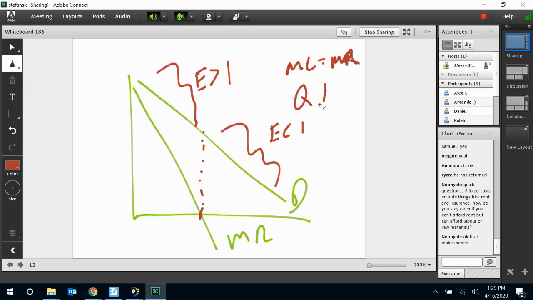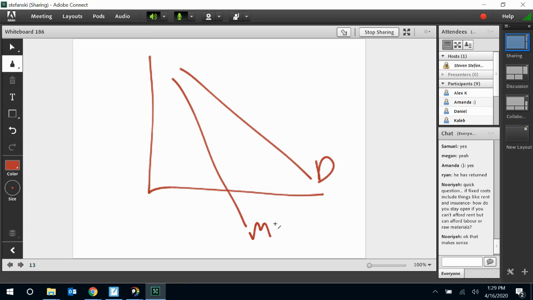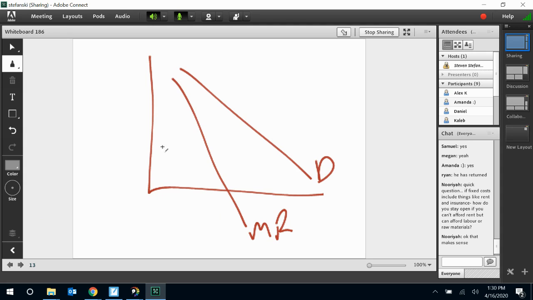We know that in a monopoly, they are inefficient. Their quantity is less than a perfectly competitive market, and their price is going to be higher than a perfectly competitive market. So if we go ahead and draw it, now we know that they're going to produce where MC equals MR. This sets the quantity, but they're going to charge this price right here.